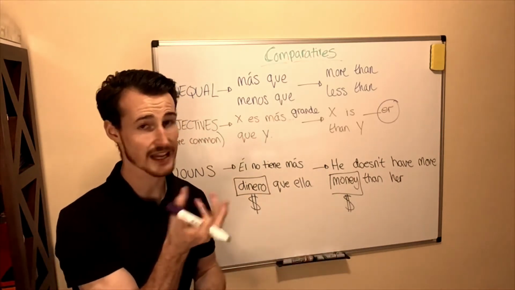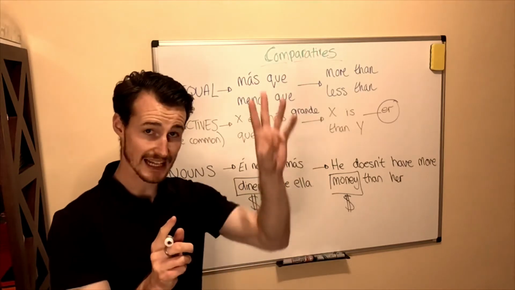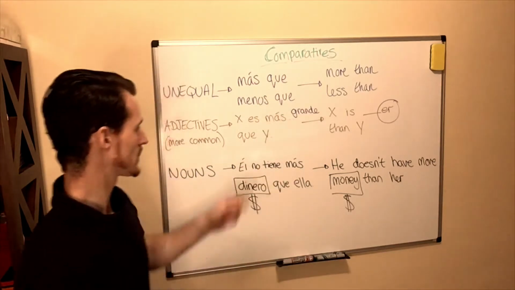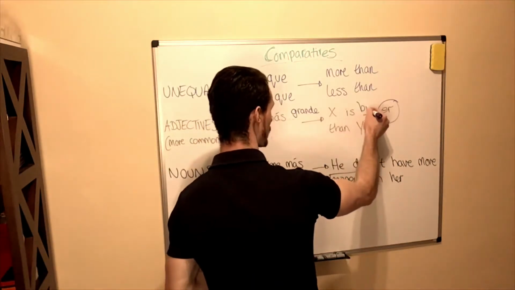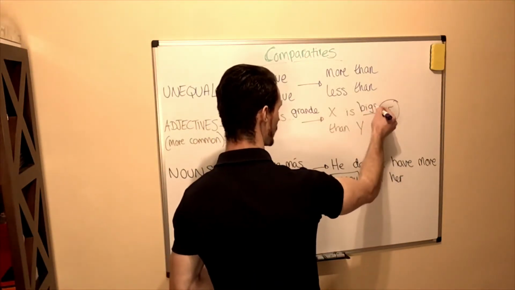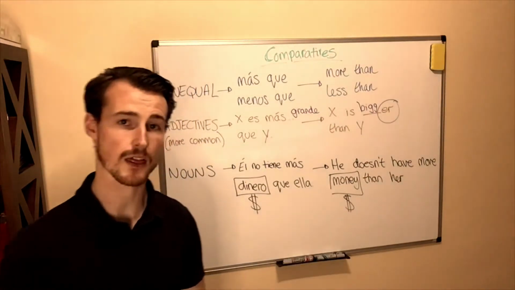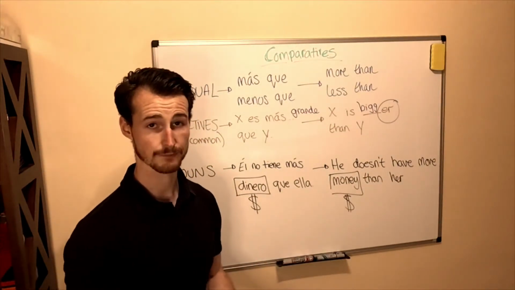Okay, so this más never changes. You just select the adjective, okay? So X es más grande que Y. X is big, and in English we add another G, is bigger than Y, okay?